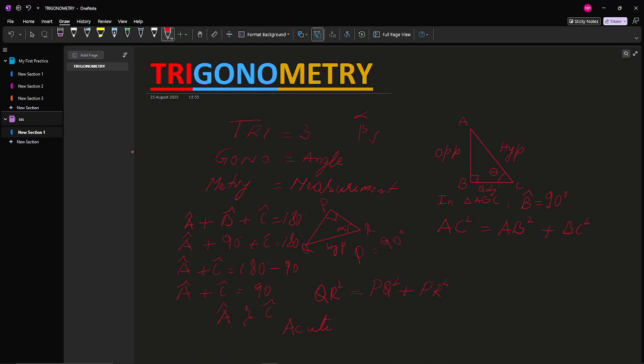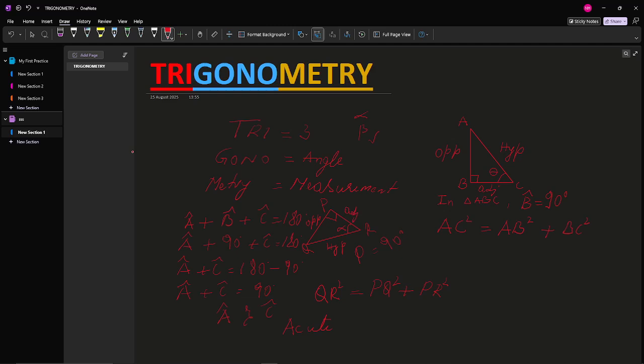Since I marked R as alpha for my reference, the opposite side for R is going to be PQ, which is called the opposite side, and the remaining third side is going to be called the adjacent side.